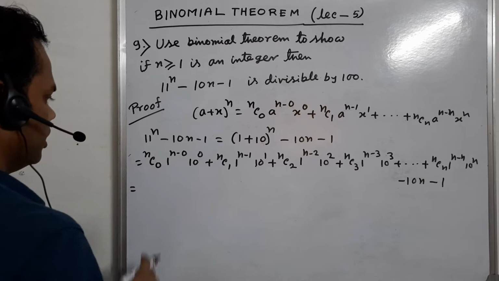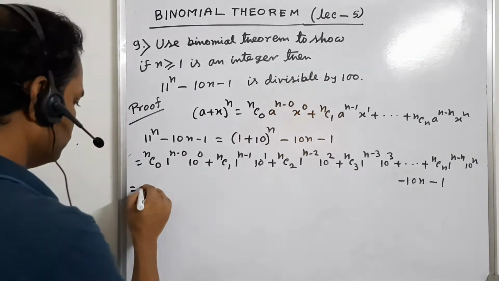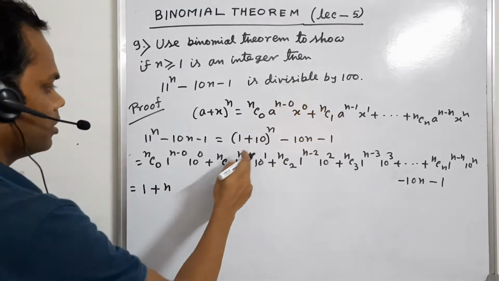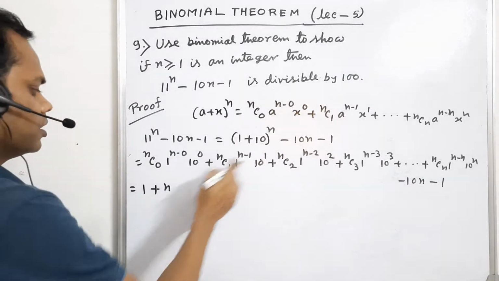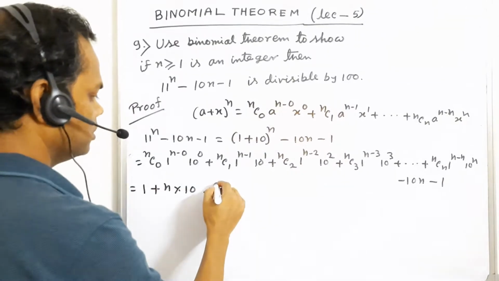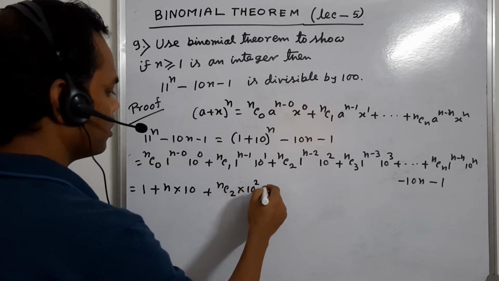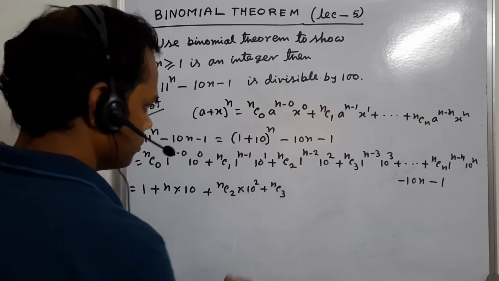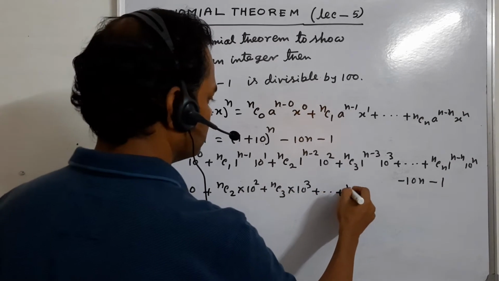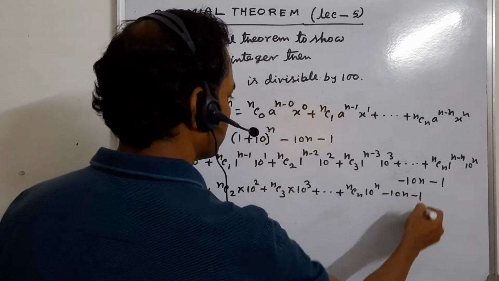So then we get nC0 is 1, 1 to the power n minus 0 is 1, 10 to the power 0 is 1, so it is 1 plus nC1 is n, so n into 1 to the power n minus 1 is 1, 10 to the power 1 is 10, so n into 10, plus nC2 is an integer into 10 square, nC3 is also an integer into 10 cube, plus dot dot, nCn 10 to the power n, minus 10n minus 1.